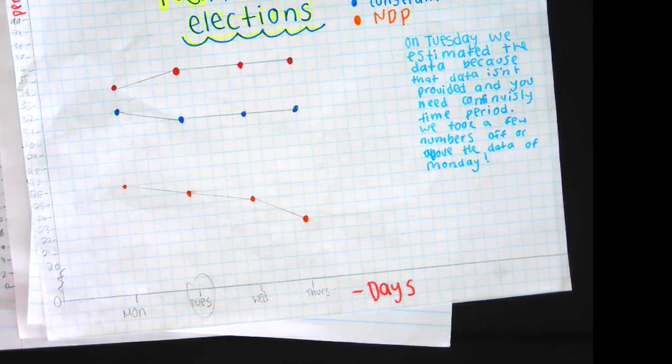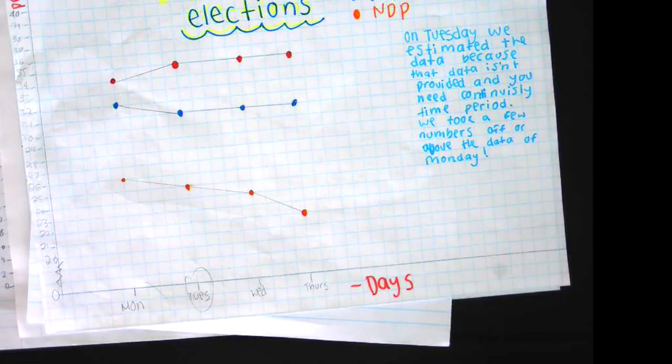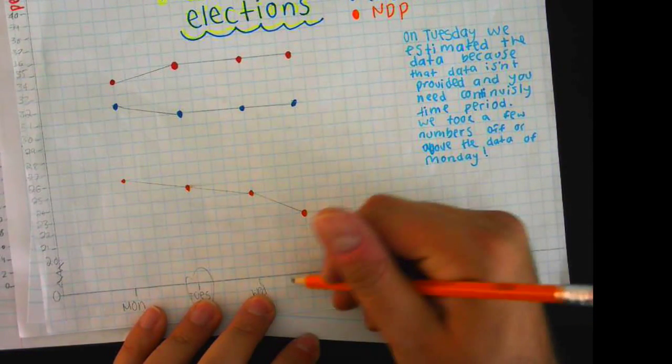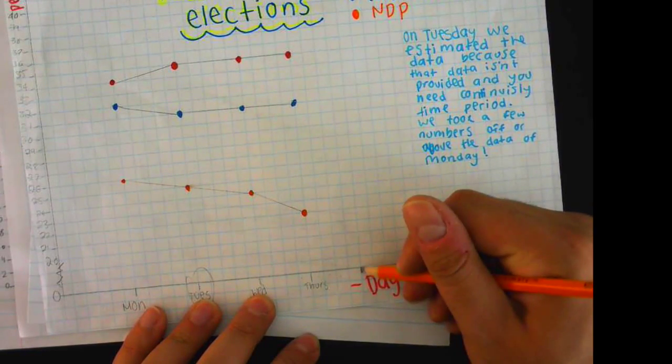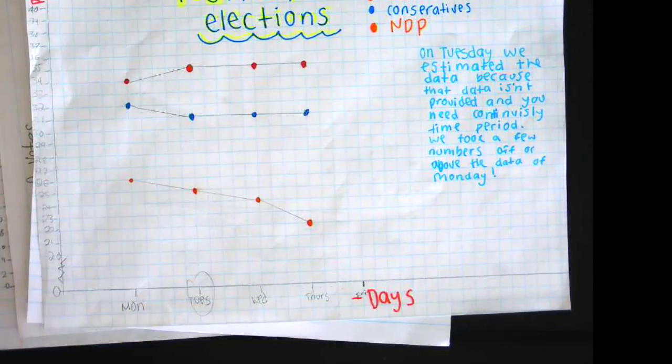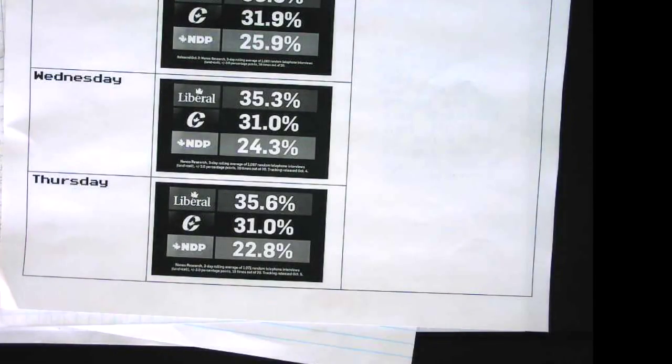What if I were to ask you to predict Friday's polls? So just say we added 1, 2, 3, 4, 1, 2, 3 over here, Friday. What would we predict as Friday's results?